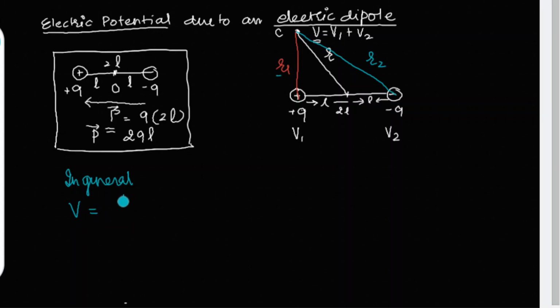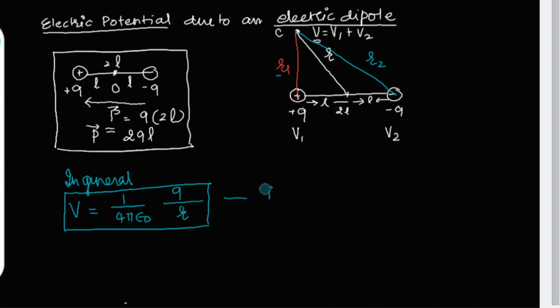The potential is 1 upon 4 pi epsilon 0 if the dipole is kept in vacuum or air, and that is equal to Q, that particular charge, divided by the distance between them. So this is the general equation we got for the potential. This is our equation number 1.